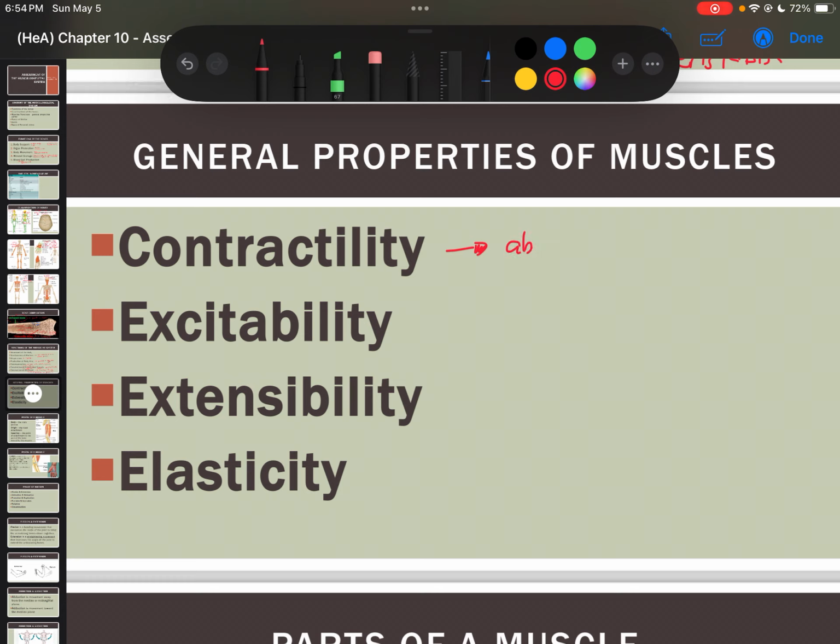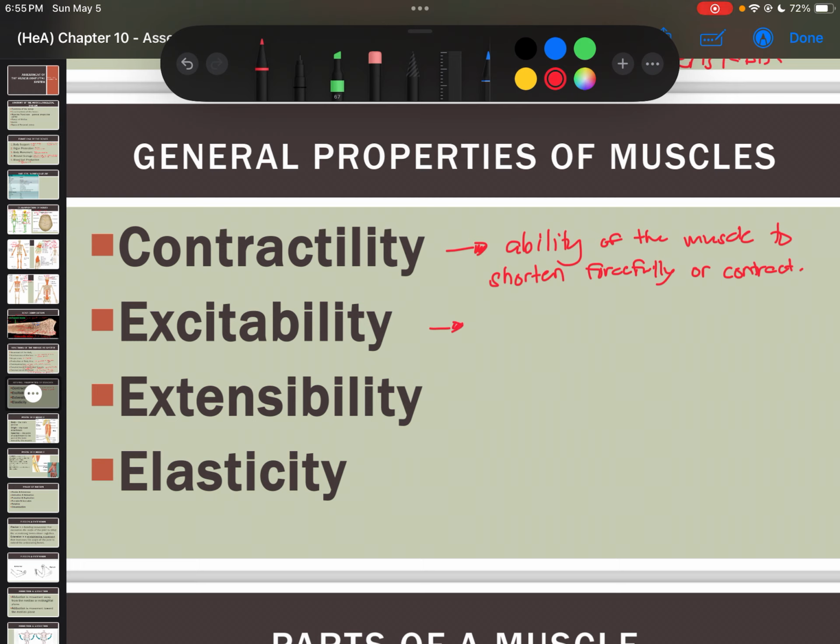It is the ability of the muscle to shorten forcefully, otherwise known as to contract. Contractility, shorten forcefully. Next is excitability.